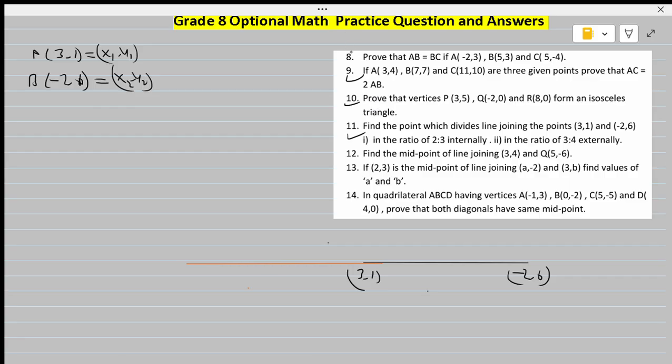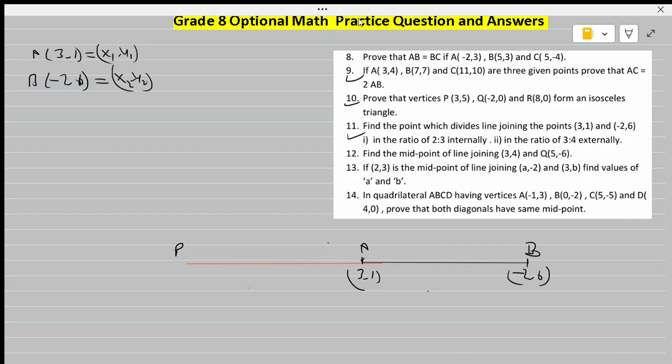This way it will be there. So here A and B is the line which is getting divided by some external point P, which divides this whole line such that the distance from P to A is the first part and the distance from P to B is the second part, right?